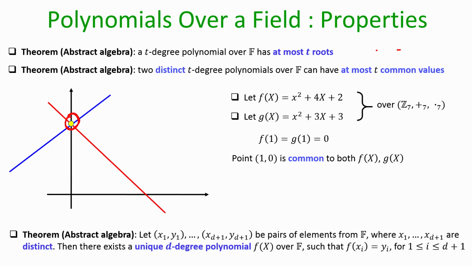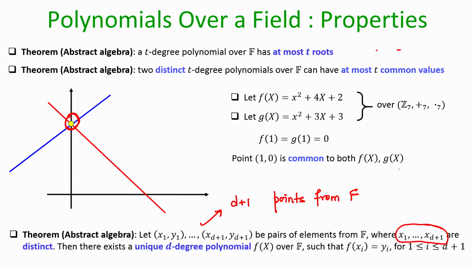The last property that we require for our secret sharing scheme later is the following. If you are given d plus 1 points from f, so you can imagine x 1 y 1, x 2 y 2, up to x sub d plus 1 and y sub d plus 1 as d plus 1 points in the 2 dimension plane, where it is given that the x coordinates all of them are distinct and elements from the field.